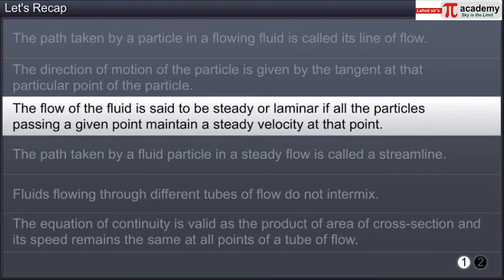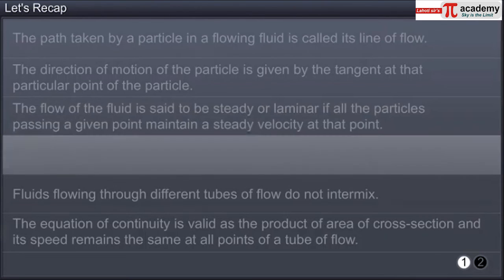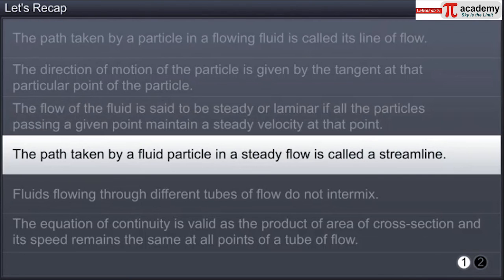The flow of the fluid is said to be steady or laminar if all the particles passing a given point maintain a steady velocity at that point. The path taken by a fluid particle in a steady flow is called a streamline.